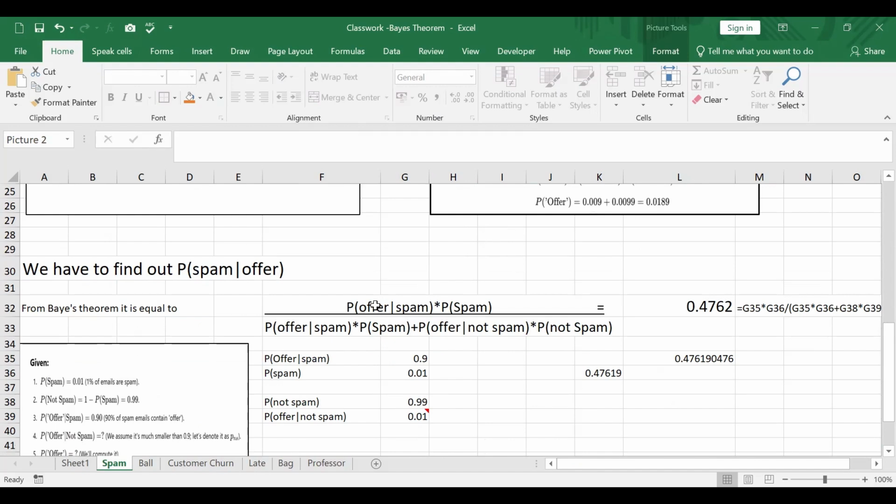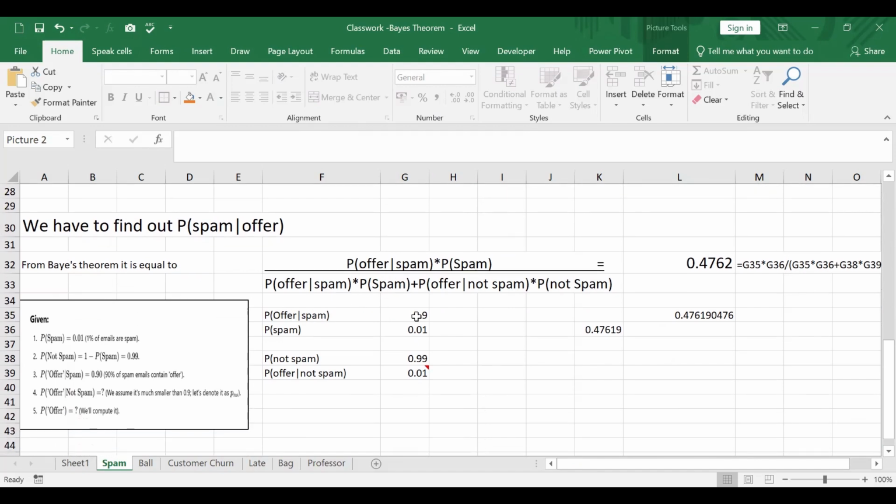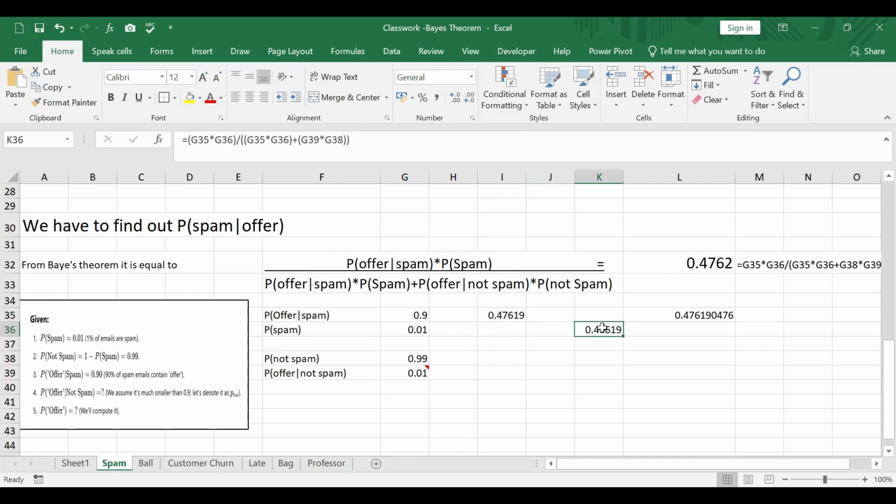So in the numerator we have P of offer given spam, which is 0.9, and P of spam, which is 0.01. So we can simply say it is equal to that divided by whatever we have calculated now, that is 0.0189, which gives 0.47619.